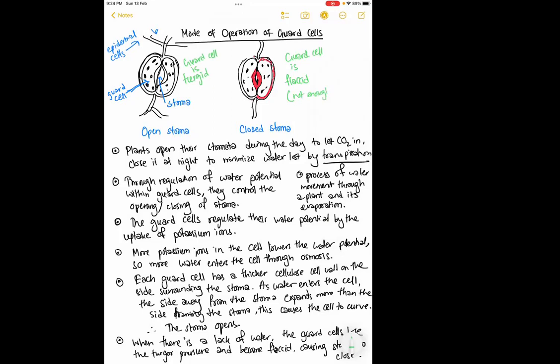So that's why it is closed. Why? So that more water is not lost through transpiration, okay? And here, the guard cell is turgid. Why? Because there is enough water and so the stoma is open, okay? All right.